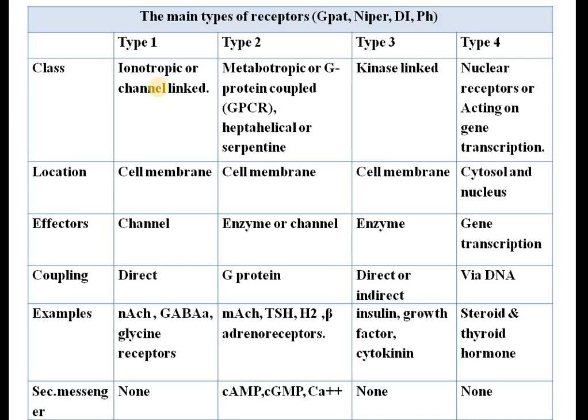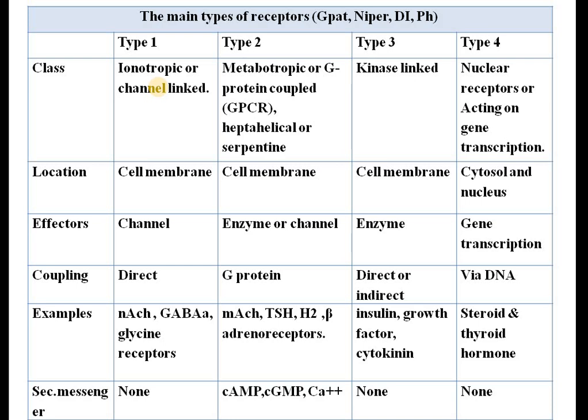There is one ionotropic receptor known as GABA receptor A, GABA A, beta subunit of GABA A. That is the receptor, nothing but the benzodiazepine receptor. Benzodiazepine drug will act on the benzodiazepine receptor, and it is a type of ionotropic receptor.